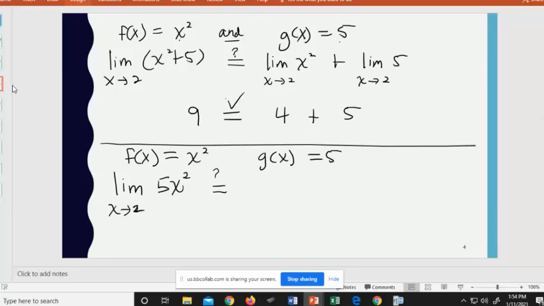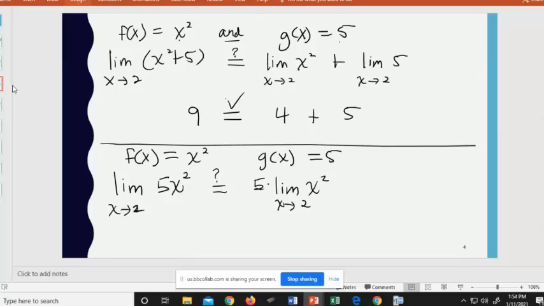And what we're trying to show is that it is equal to 5 times the limit of x squared as x approaches 2. Good? Okay, so let's plug this in.